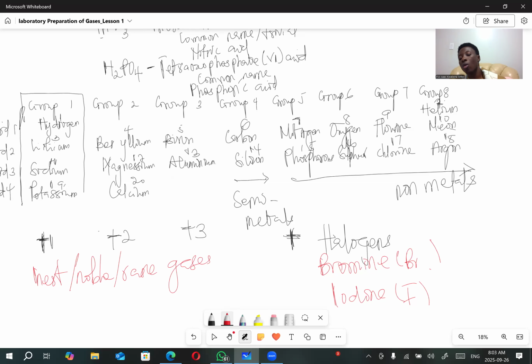So we have helium, neon, argon. Another example is xenon. The chemical symbol is X, xenon.